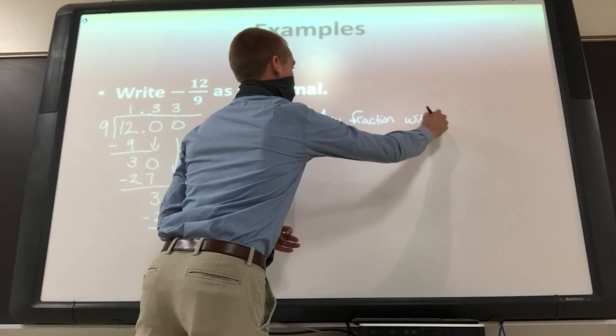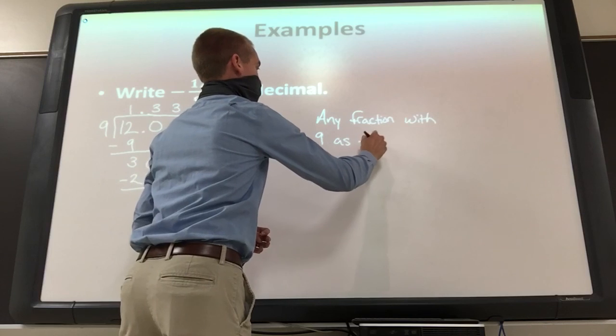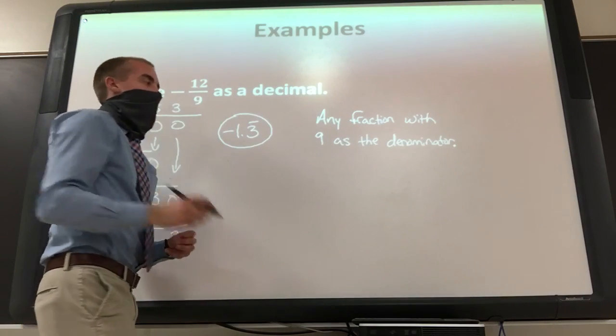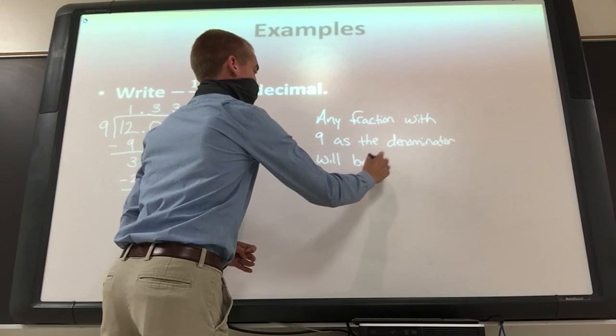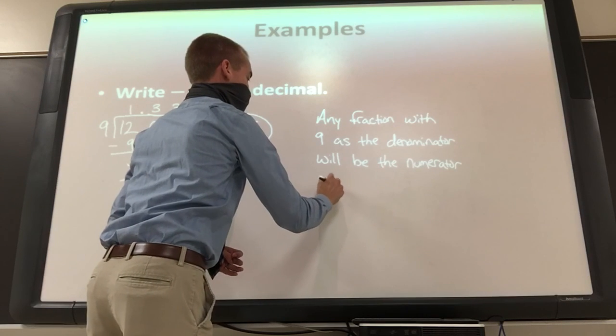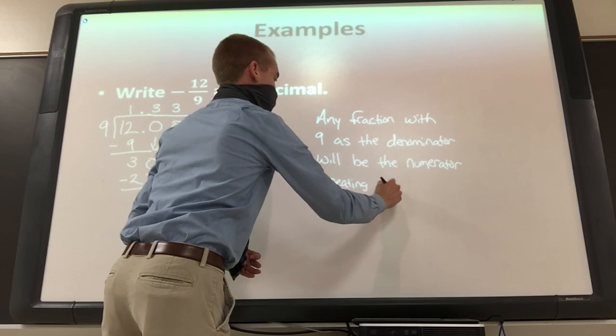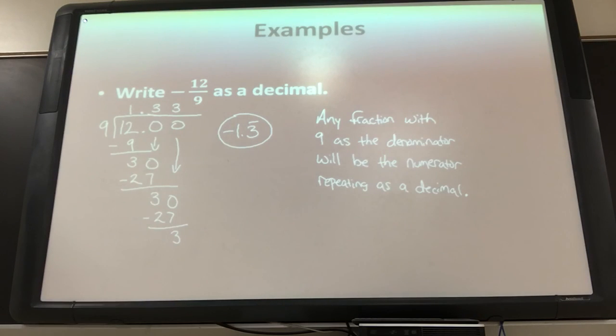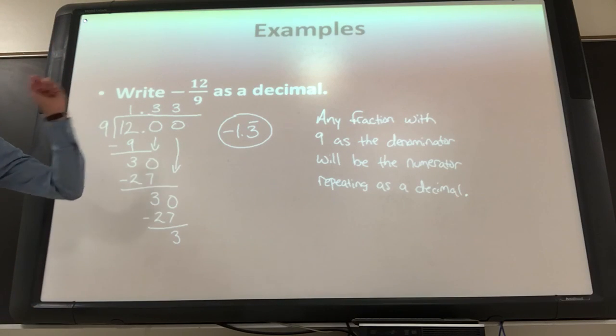Any fraction with 9 as the denominator will be the numerator, or the top number, repeating as a decimal. So get that down, then I'll show you a couple examples to illustrate this. Any fraction that has 9 as the denominator is going to be the numerator repeating when you write it as a decimal.